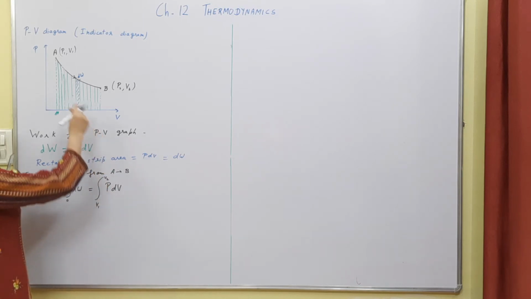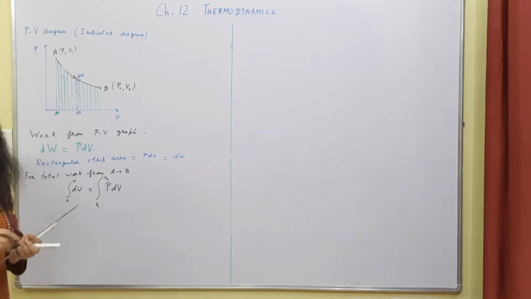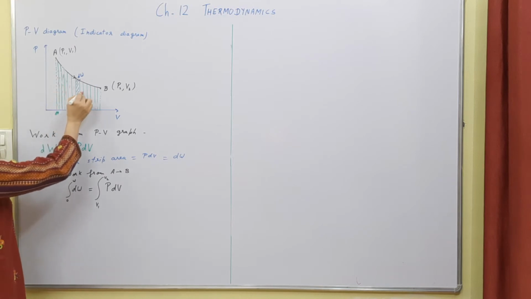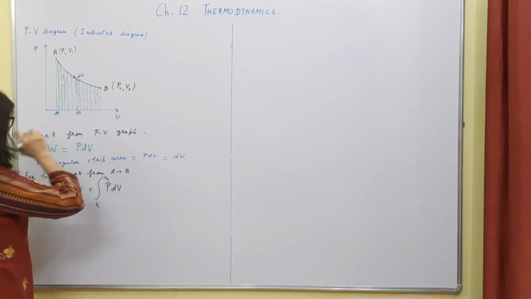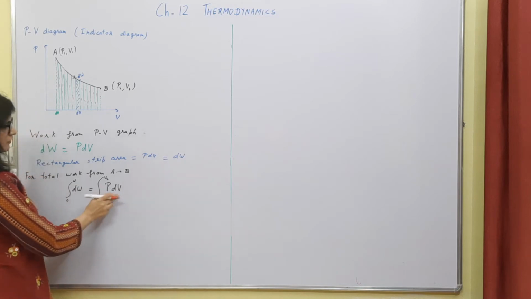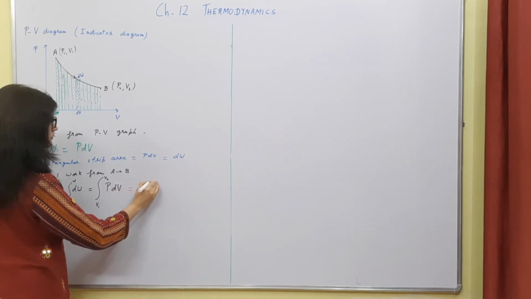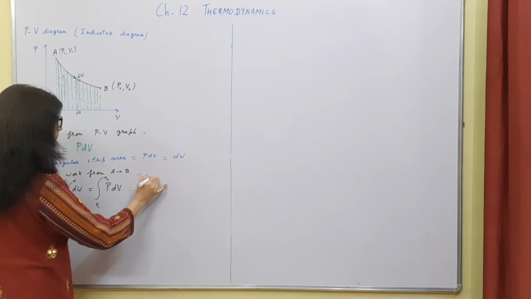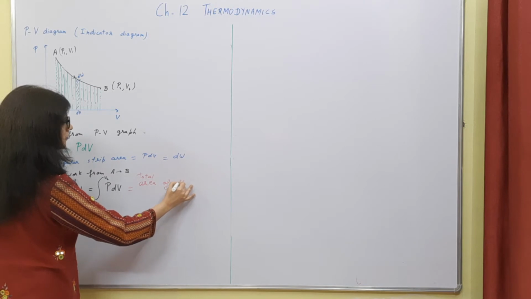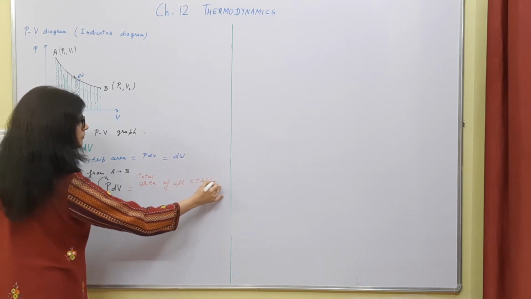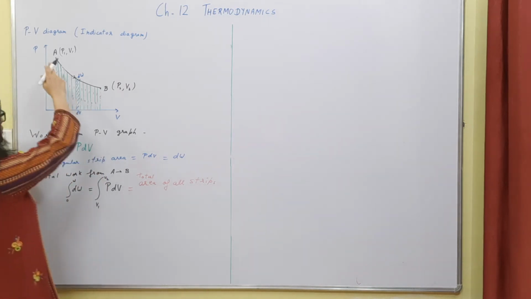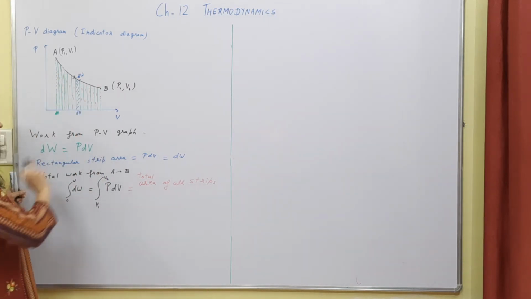This was the area of one strip, and for the total work, we will find the areas of all the strips. So integration of PdV means the total area of all strips. What does that mean? That means the total area enclosed between the AB graph and the volume axis.